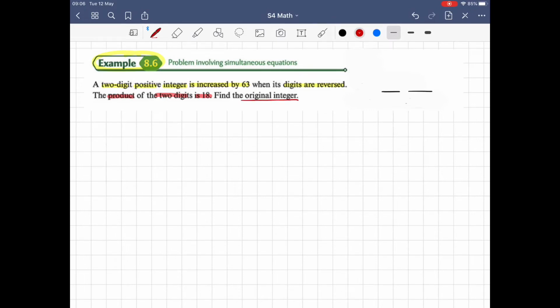Okay, so as the question says, there is a 2-digit integer, so that means there are two unknowns, and I will use x and y to represent the two digits. This is our starting point. So I will let x be the tens digit, and y be the unit digit.